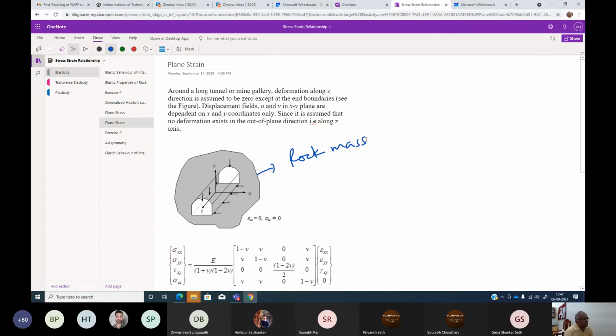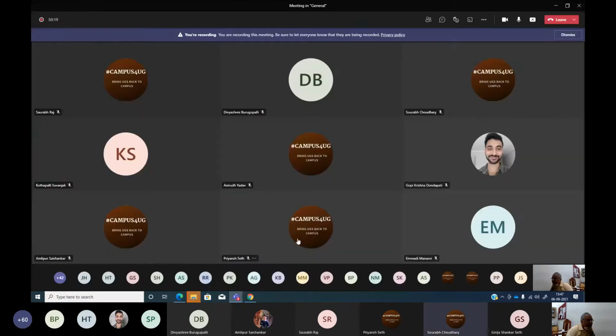By the way, do you know what is the meaning of rock mass? Has this already been told to you? Rock and rock mass. Sir, rock mass is inside the earth, and rock is what we get on the surface. Say it again, I didn't get it.